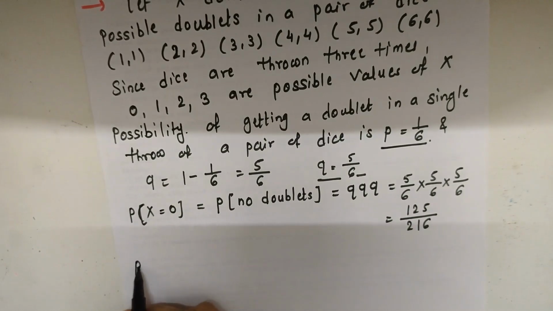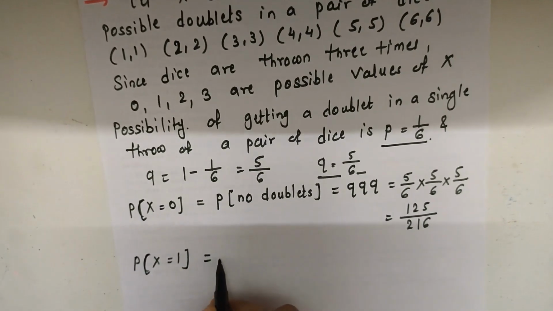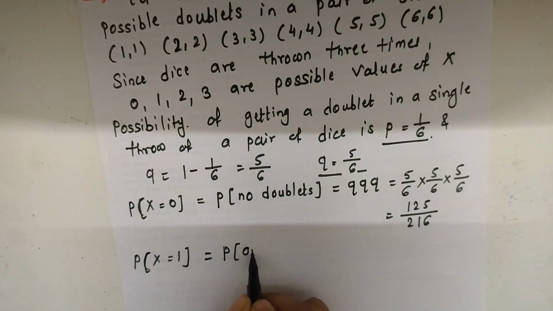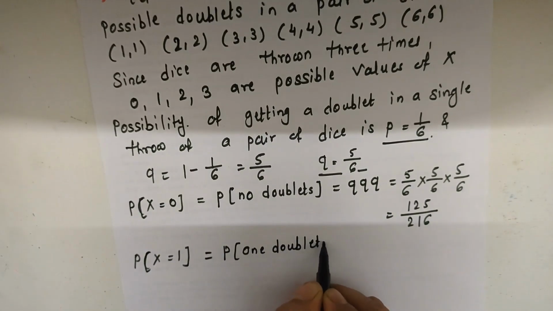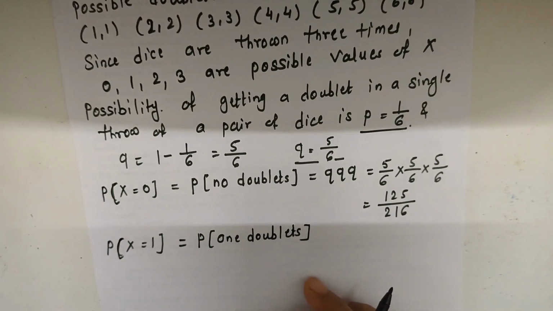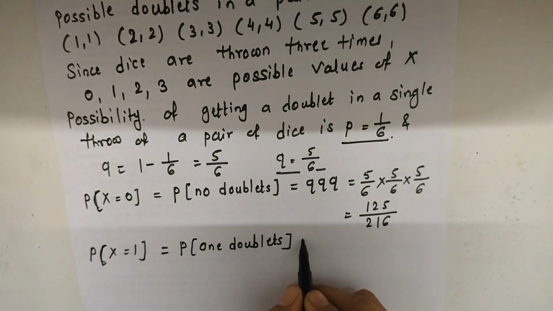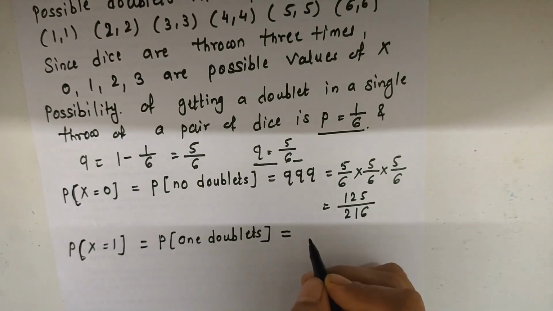Now the probability for x equal to 1. This means the probability of one doublet, one time doublet. The possibility of one doublet can be found in 3 forms.